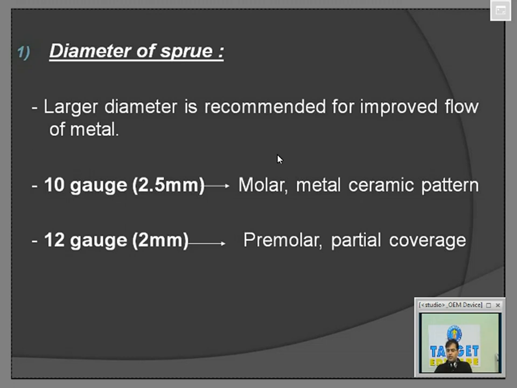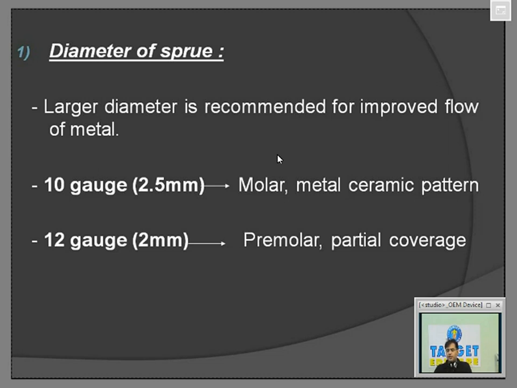10 gauge sprue is recommended for molar metal ceramic pattern, while 12 gauge sprue is recommended for premolar partial coverage. Also, you should remember that larger the gauge of the sprue, smaller will be the diameter.